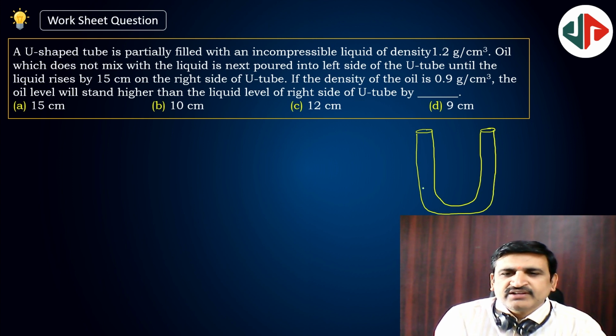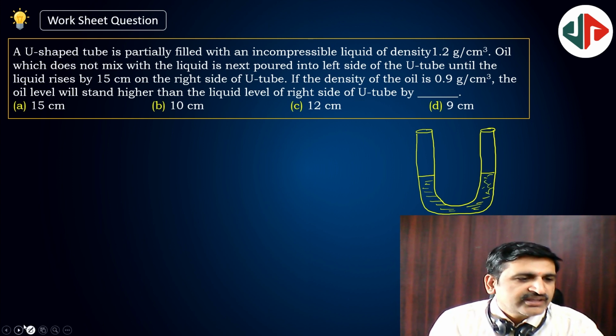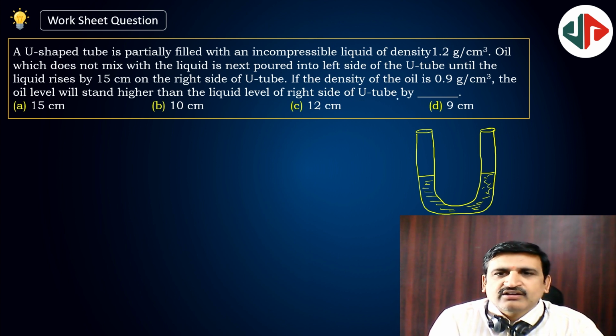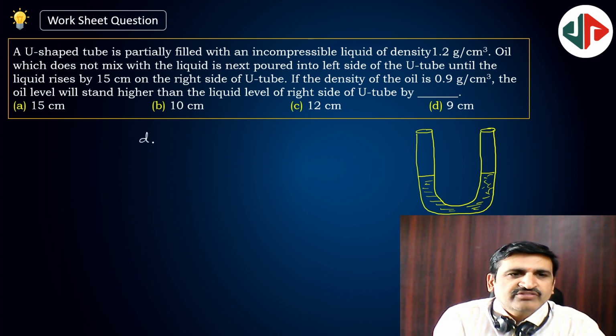Okay. Now this one is having liquid up to like this initially. Whenever you pour something, then it will be occupying on either sides equal. Now what he did, he poured this density D of that liquid is equal to 1.2 gram per cc.